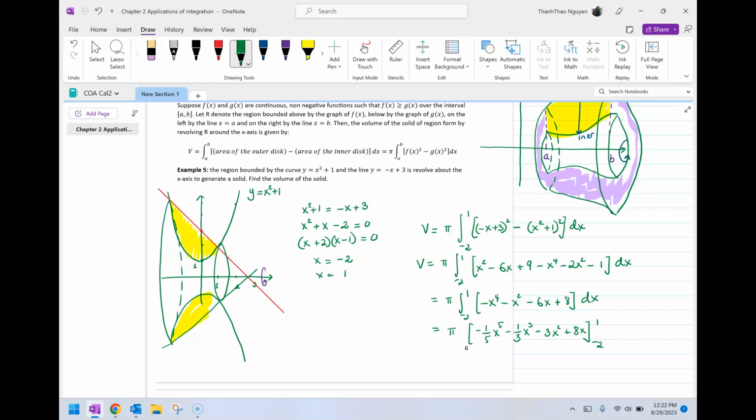Evaluating from negative 2 to 1, we get 33 pi.